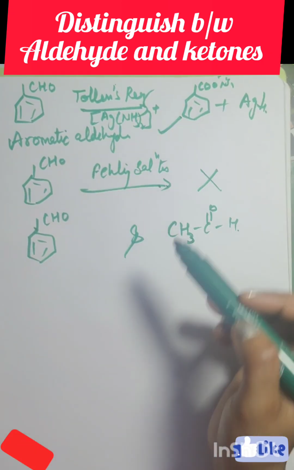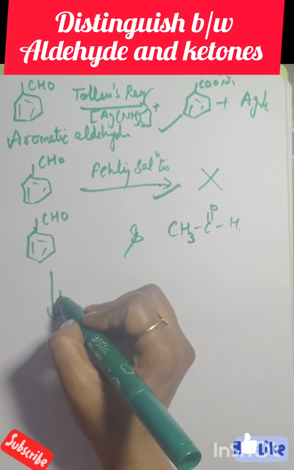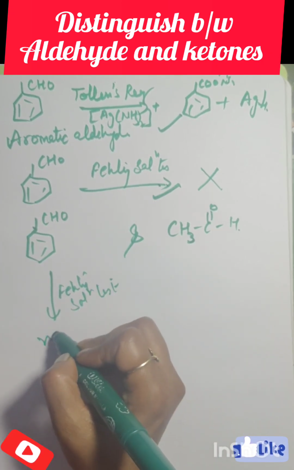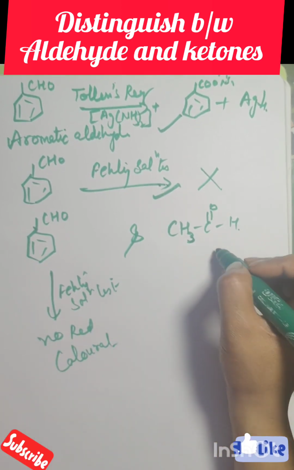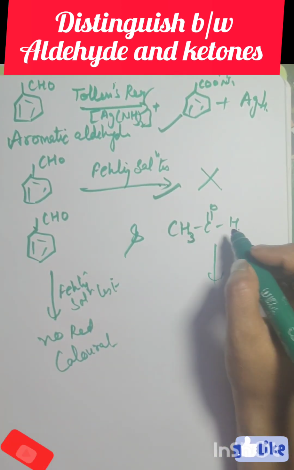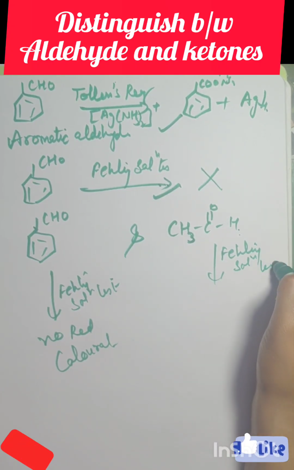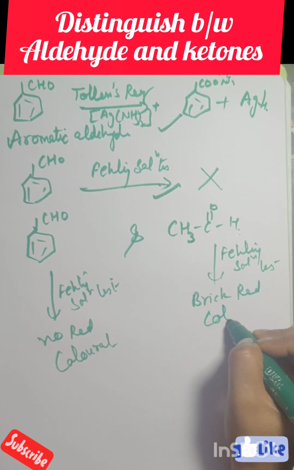We can use the Fehling test, because benzaldehyde will not give the Fehling solution test. No red coloration, whereas ethanal will give the Fehling solution test. Brick red coloration appears.